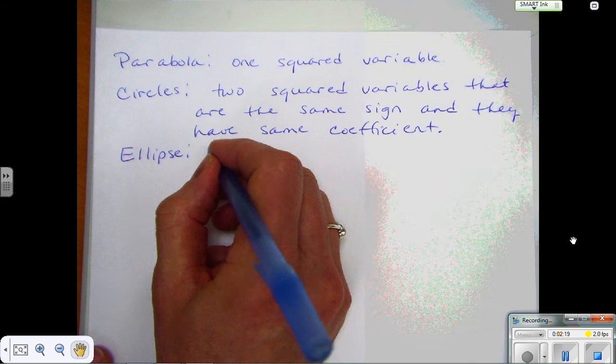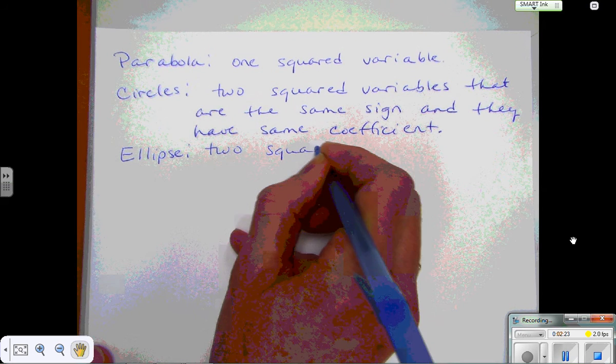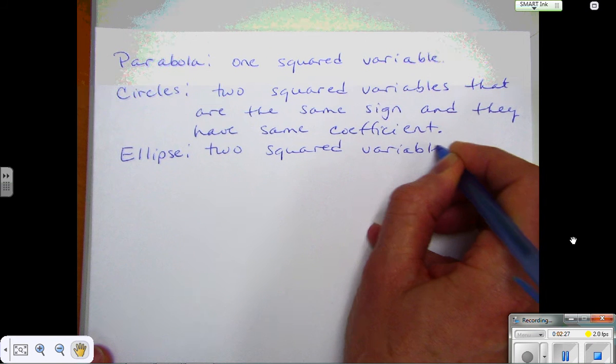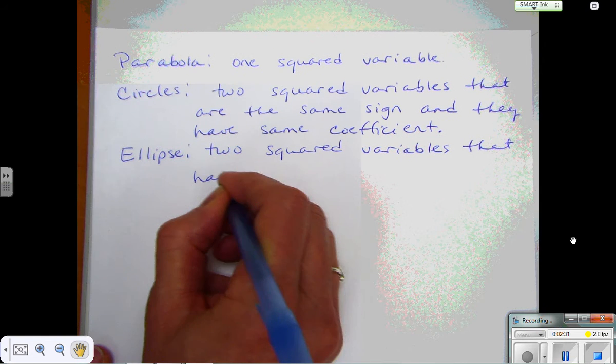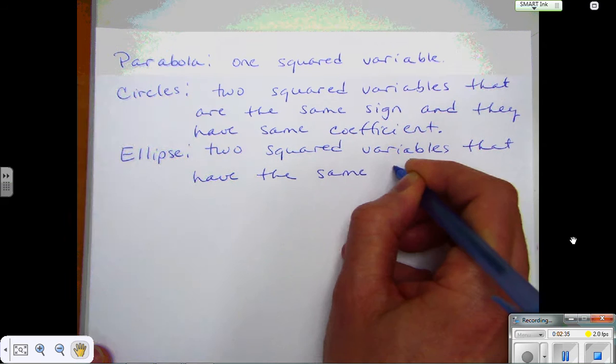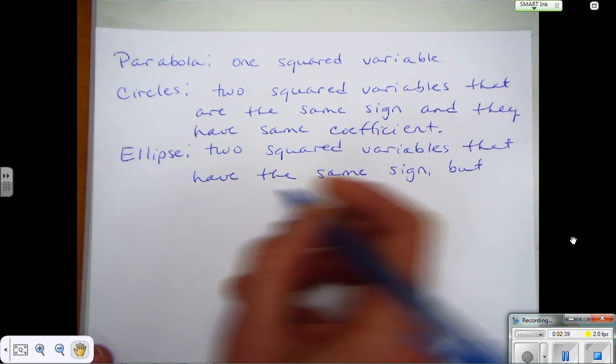Okay, then the next conic section that we have gone over is the ellipse. For an ellipse, you'll have two squared variables that have the same sign but different coefficients.